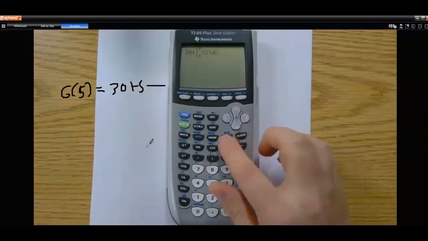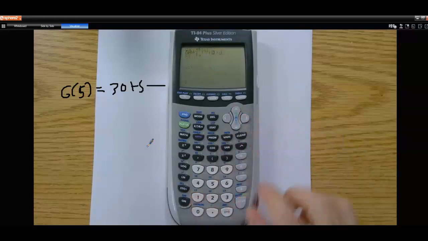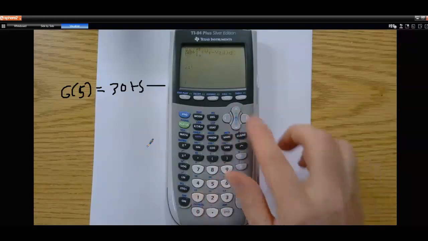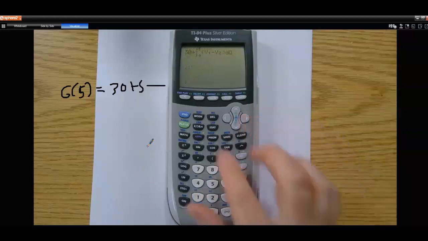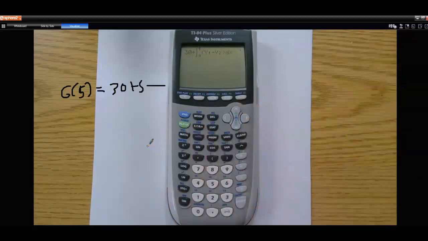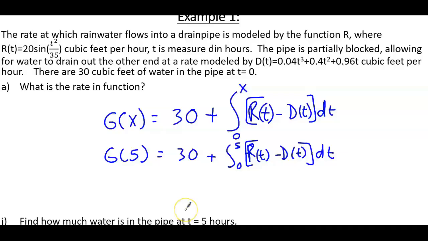And we do our rate in, which I've stored under y1 minus y2, which is my rate out, and then enter. And that'll tell me how much water is in the pipe at that point in time. All right, and that's 18.039, and that would be in cubic feet.